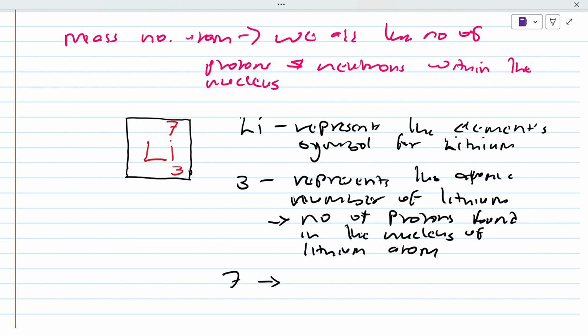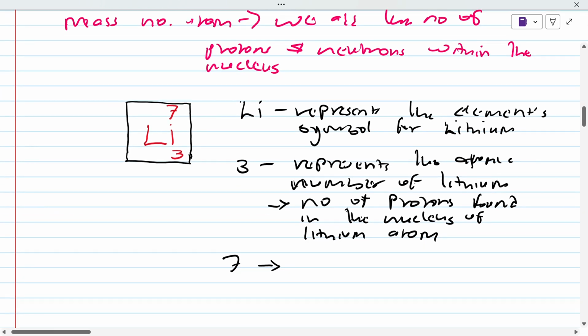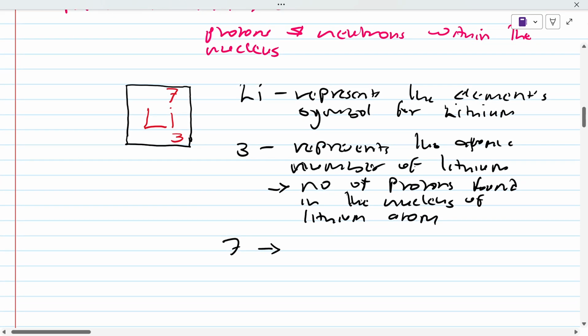But in this video, I'm going to use 7 as an average. Now, 7 represents the mass number of lithium.